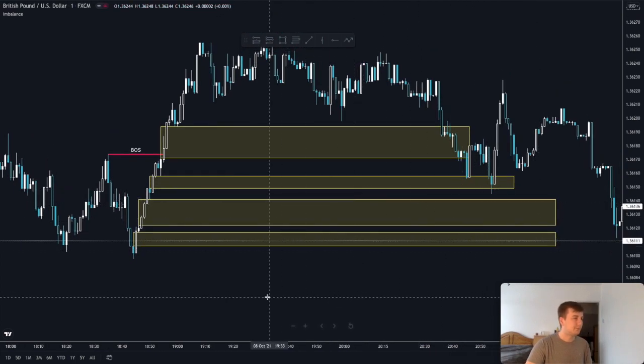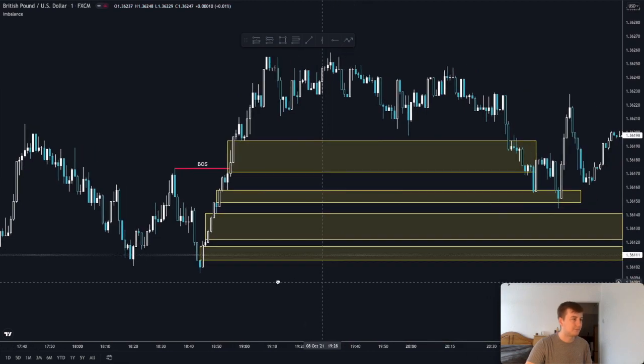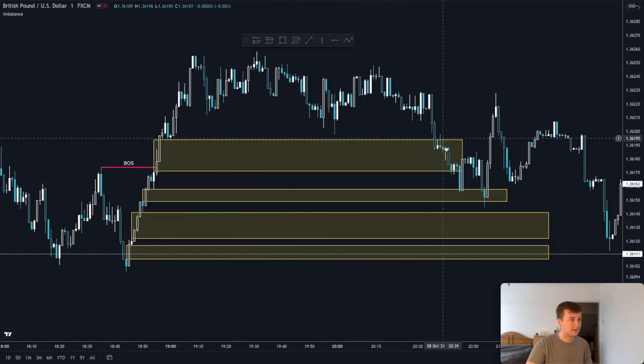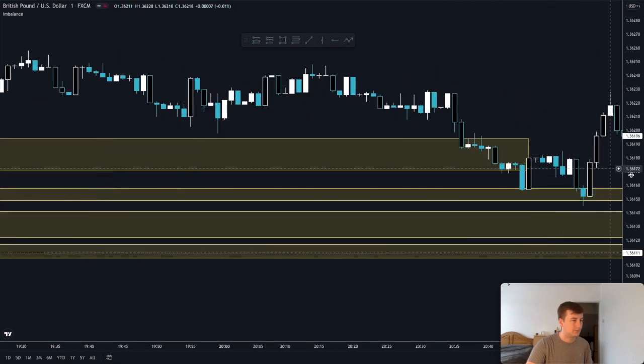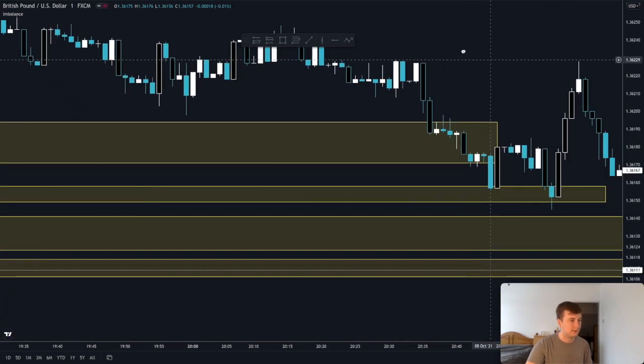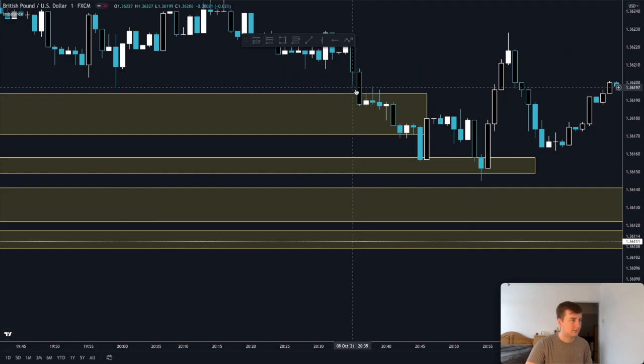But if I was to look at this, and I see price coming back down into these levels, I'll be watching price live, and you can see you've got some sort of interaction here, but then it breaks down with this imbalanced candle. So I know price isn't going to want to carry on going back up around it within this level because of this strong push with this imbalance.